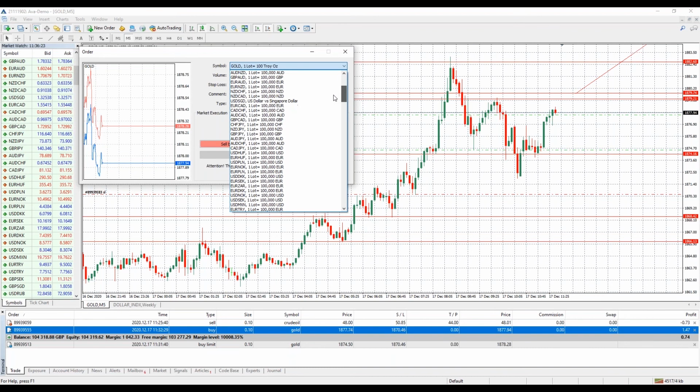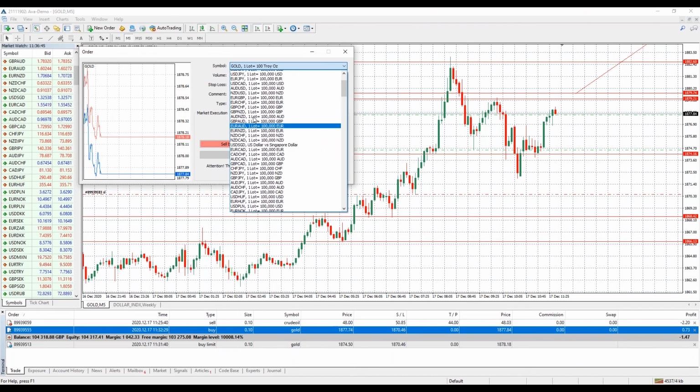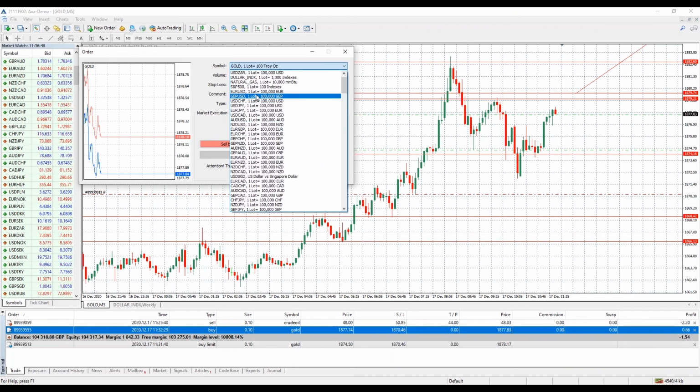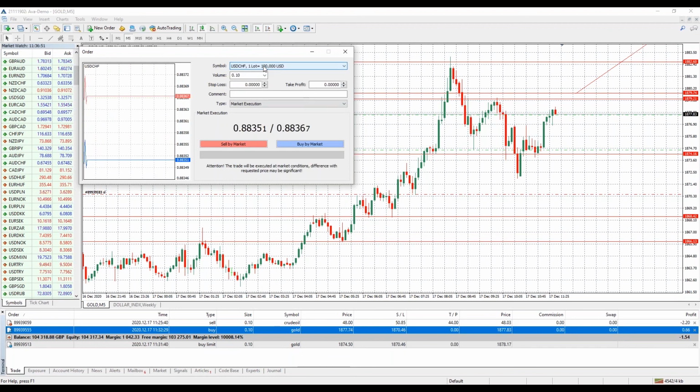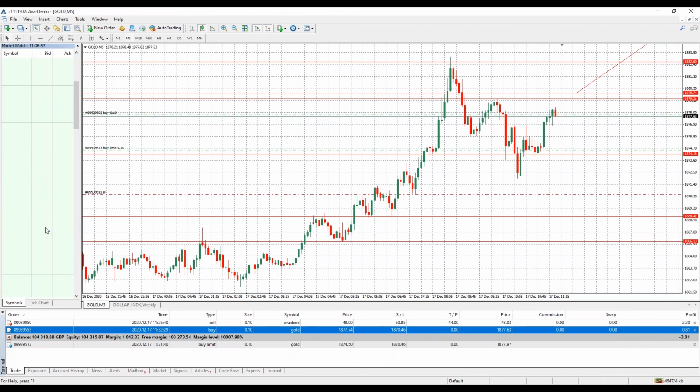USD South African Rand. It's hiding on me. Apologies. We'll find it here in a second. Here, this is an easy way. Do hide all. Good trick.